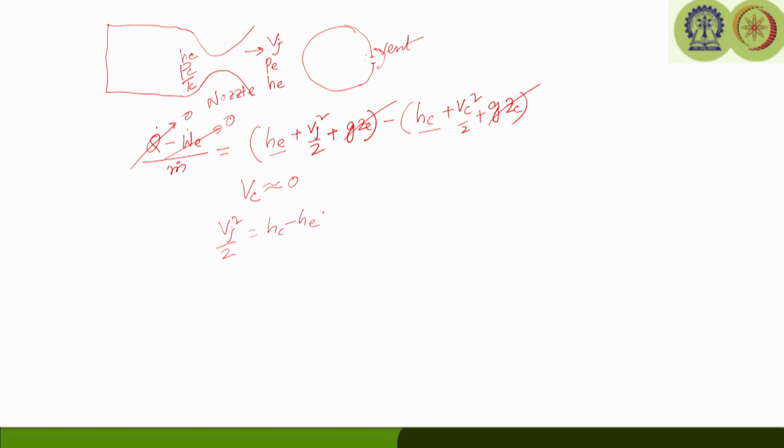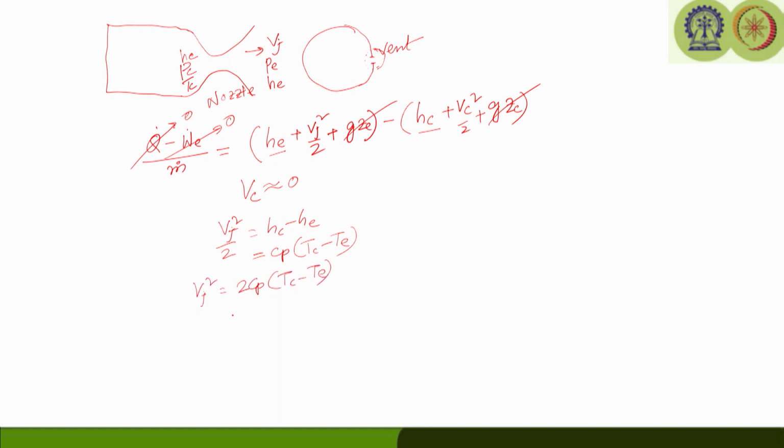Okay. So, if we expand this further, we can write this in terms of Cp, Tc minus Te. Remember, we began this exercise just to know the influencing factors on the efflux velocity Vj. So, we are trying to write Vj in terms of other quantities. We can simply write Vj square equal to 2 Cp into Tc minus Te.